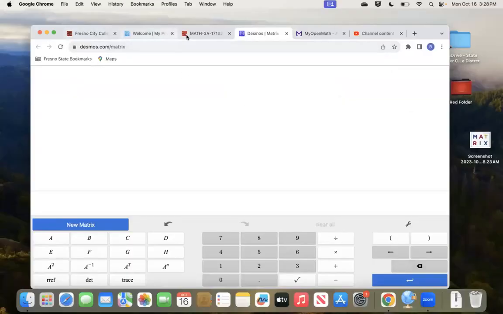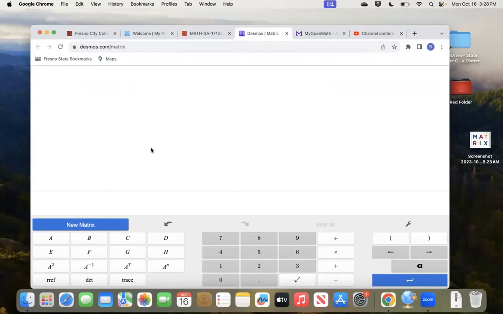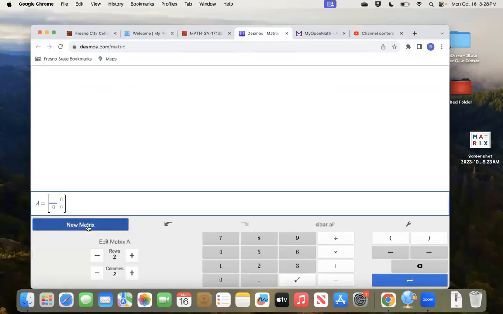Okay. Now you know where to get to Desmos, right? On our home page, there's the matrix button. Click that matrix button. You can use this even during an exam. The matrix calculator for Desmos will pop up. And I'm going to go, okay, new matrix. And I'm going to put in that first matrix, which is 1, tab, 1, tab, 0.08, tab, 0.19, hit enter.